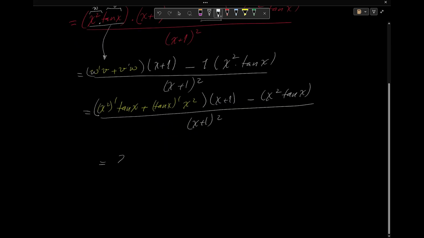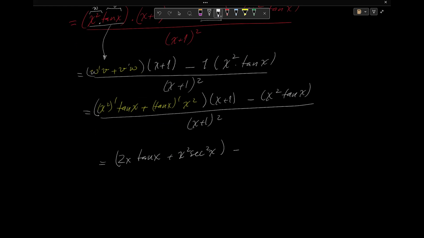Derivative of x squared is 2x. Derivative of tangent x is secant squared x times x squared. I like to put the x squared in the front. Minus, there it is.